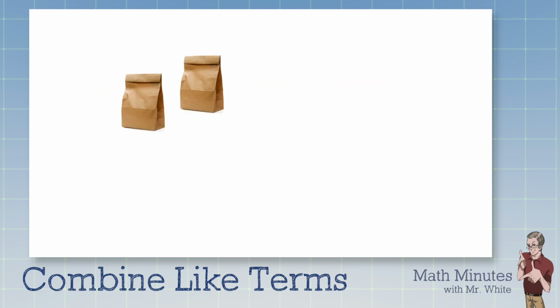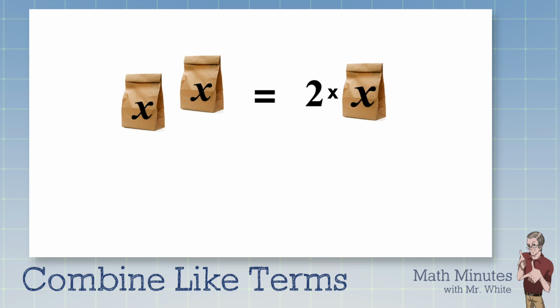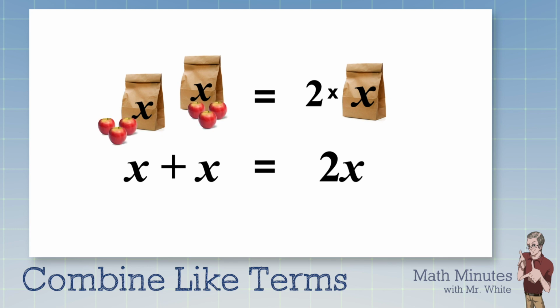All right, so let's take a look at this. We've got 2 bags, and in each one there's x, and the whole thing, therefore, is 2 bags, right? 2 times the x that's inside each bag, so 2x. In the world of algebra, we just write 2x, 2 times x, and of course that came from x plus x. So x plus x ends up being 2x.